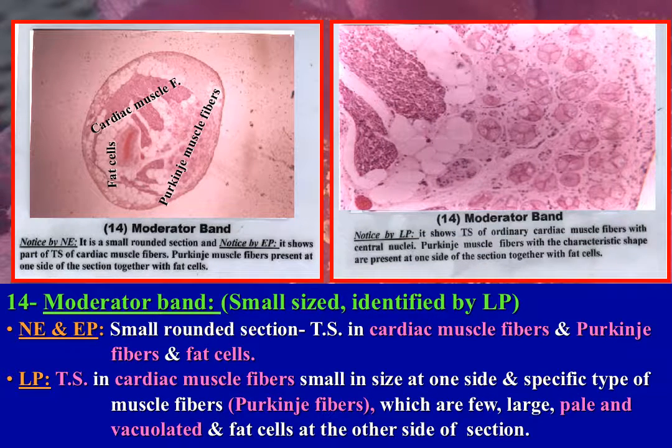By low power, the moderator band shows TS of cardiac muscle fibers with central rounded nuclei, darkly stained at one side, and Purkinje muscle fibers of large size, pale color with vacuolated cytoplasm, and the presence of fat cells at the other side.